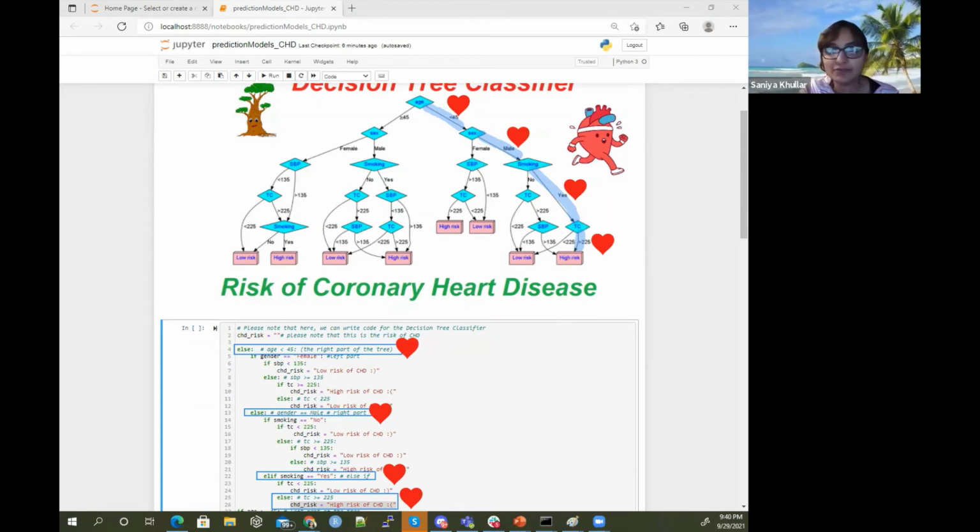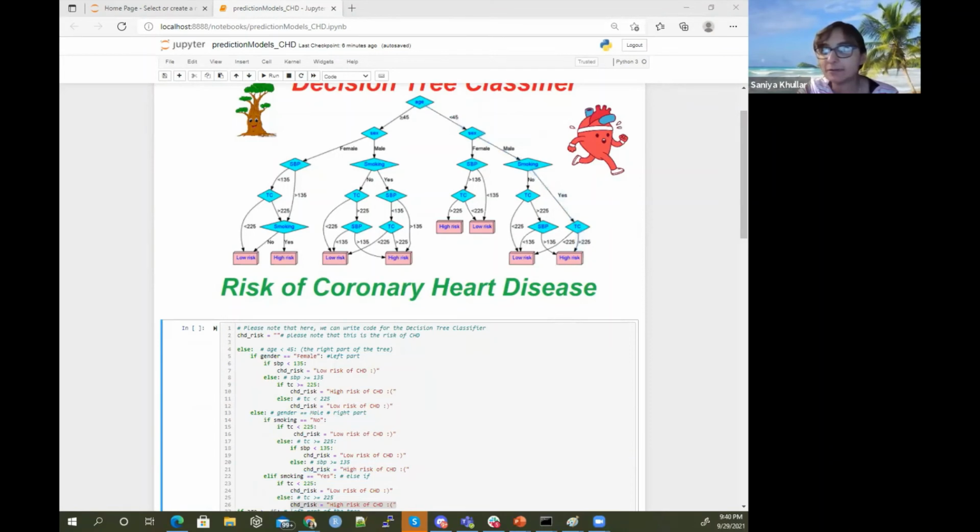And let's trace another one to cement that idea. Let's say we want to see low risk of CHD for the female. Let's try out this over here.